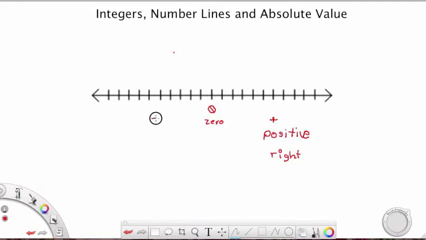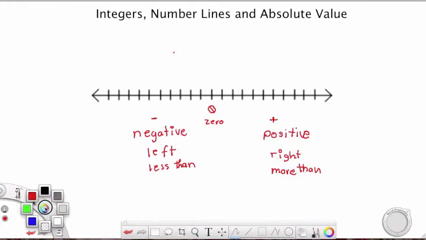All of our negative numbers go to the left of 0, or they're less than 0, and positive numbers are more than 0. Okay, let's take a look at some examples.